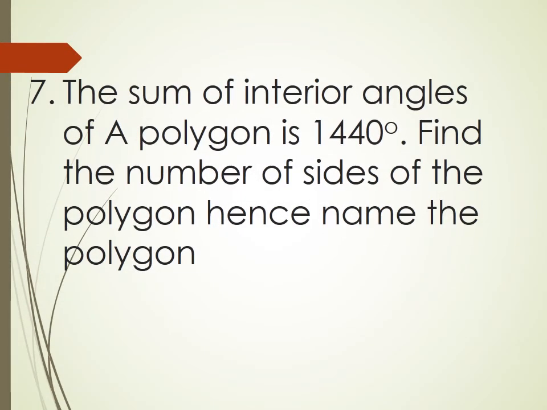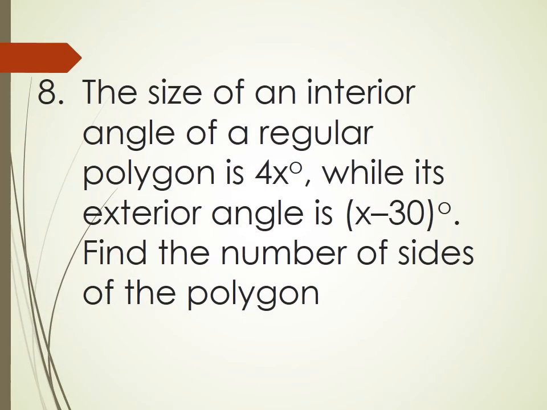Question 7. The sum of interior angles of a polygon is 1440 degrees. Find the number of sides of the polygon, hence name the polygon. Question 8. The size of an interior angle of a regular polygon is 4x, while its exterior angle is x minus 30. Find the number of sides of the polygon.